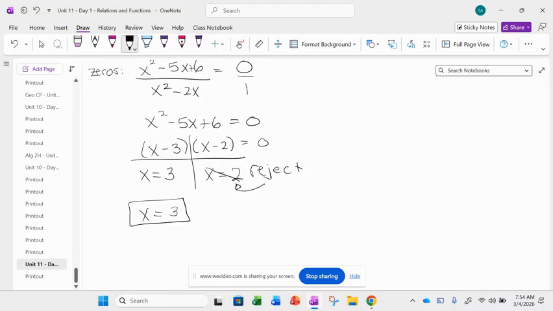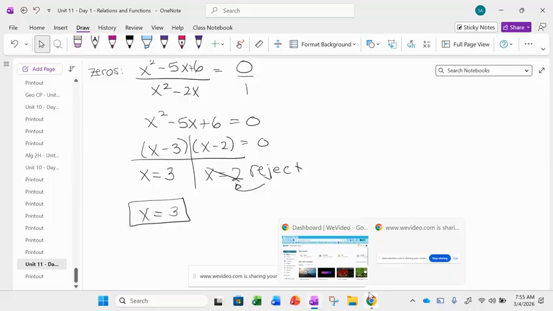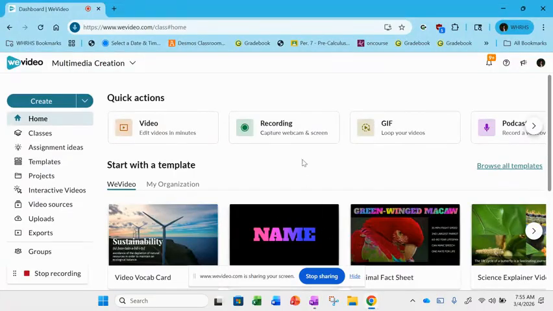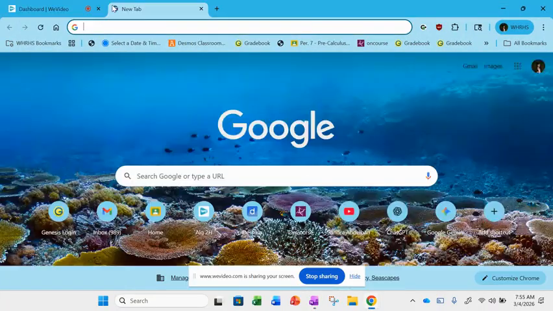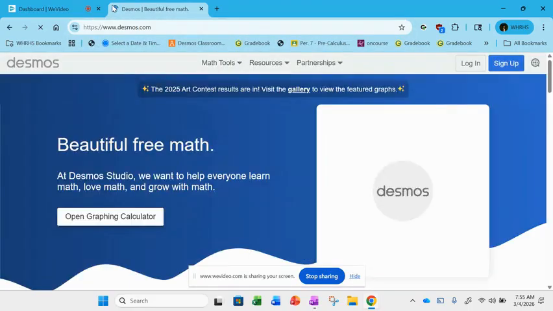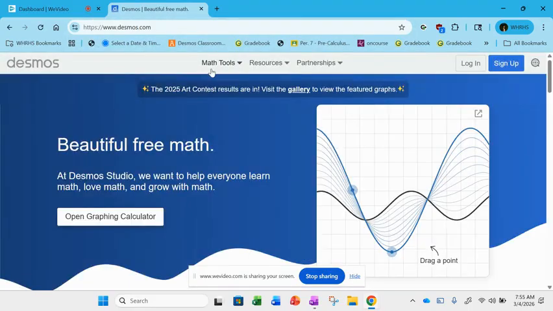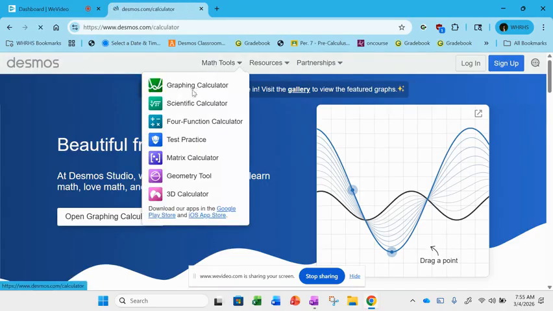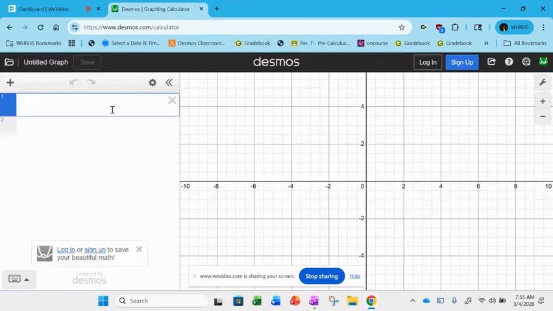Let me show you what this would look like in Desmos, just so you can see. I think I lost it. Okay, here it is.